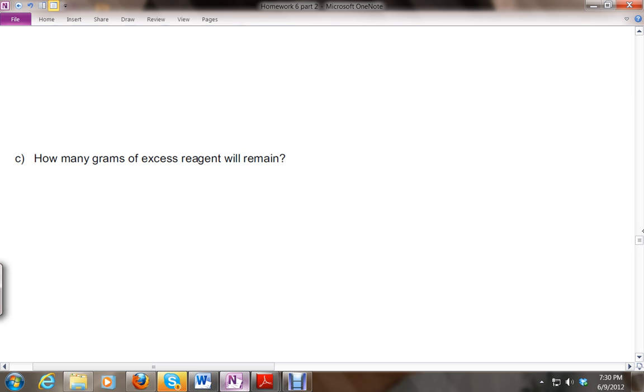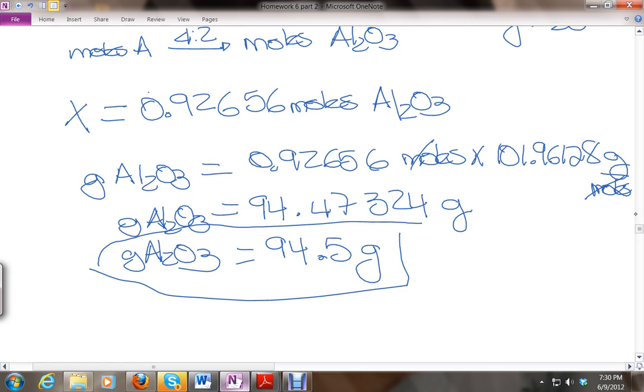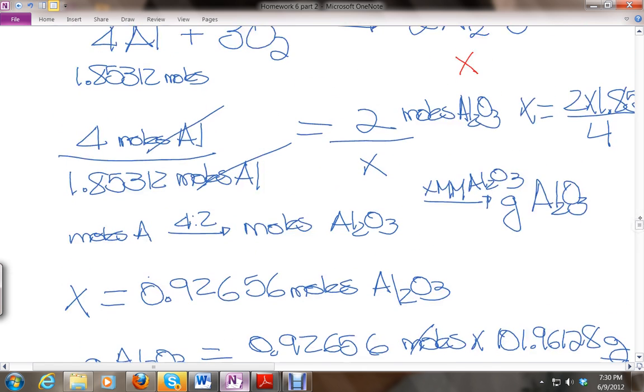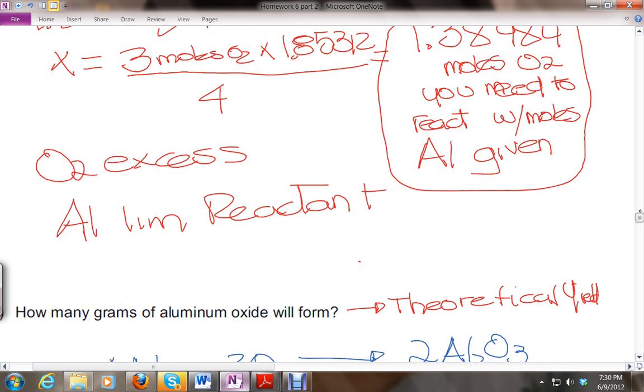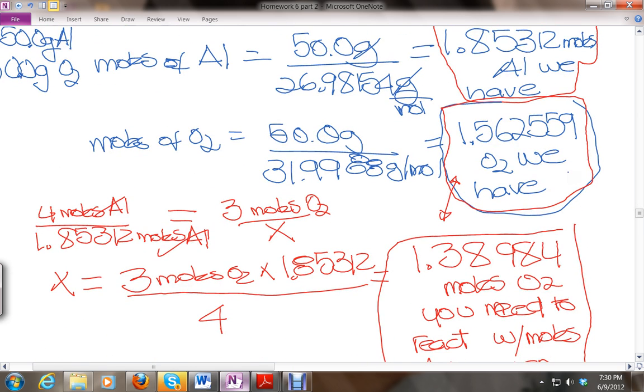Okay, now how many grams of excess reagent will remain? That's why I like to put that question before, because now we have to go back. But we did calculate it, because we found that the excess was the oxygen, right? And you have 1.56 moles of oxygen.